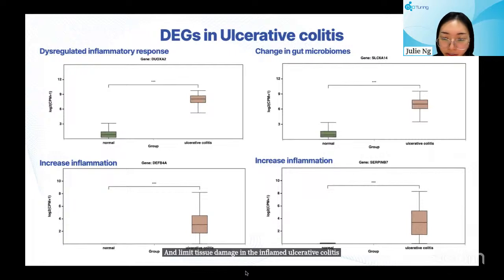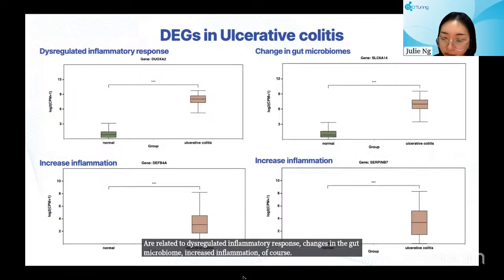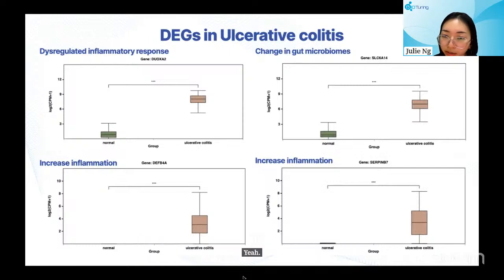So to summarize, some of the functions that we see related to these four genes are related to dysregulated inflammatory response, changes in the gut microbiome, increased inflammation, of course.